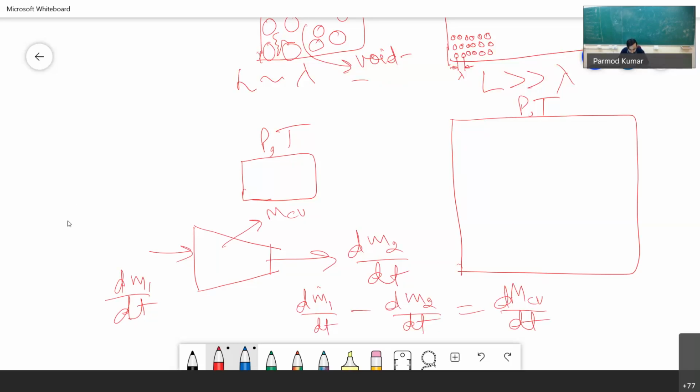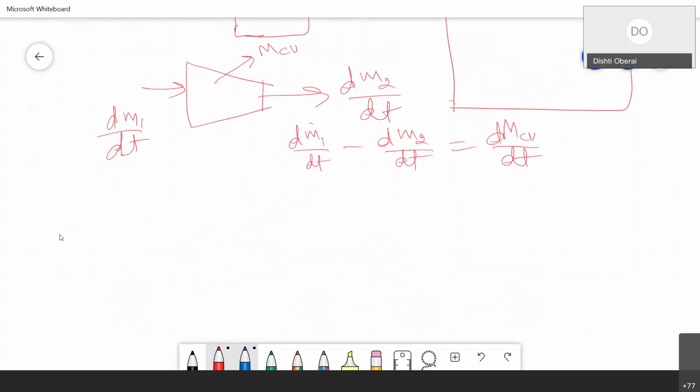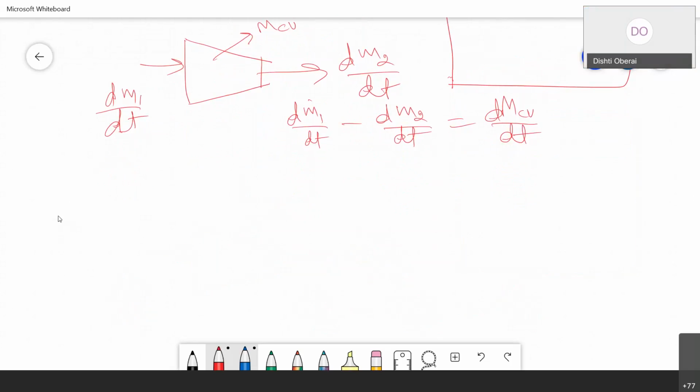Question: if we are boiling water over a Bunsen burner in a container, does that come under open system or closed system? It depends on what boundary you want to consider for the system. If the boiling water container is covered from the top, and you consider that cover as part of the system, then it will be a closed system.